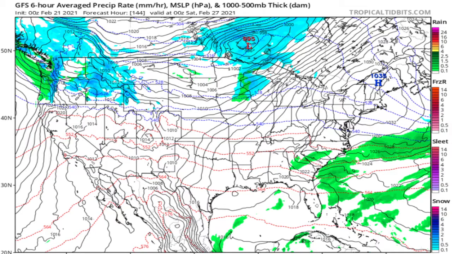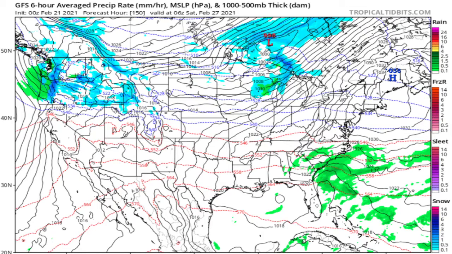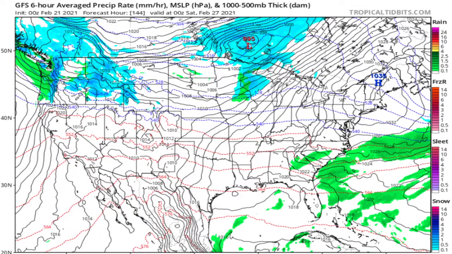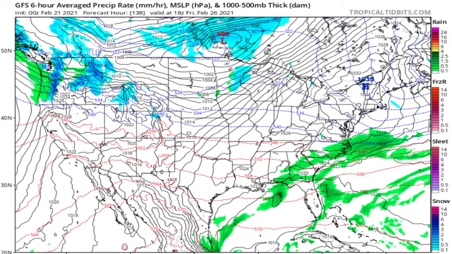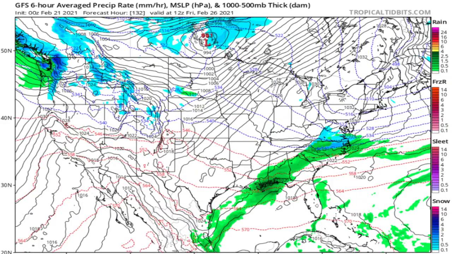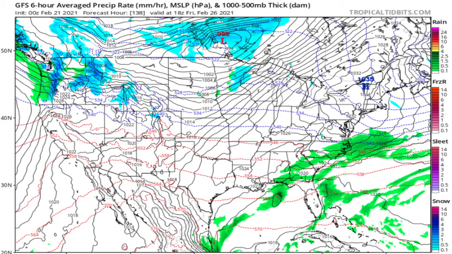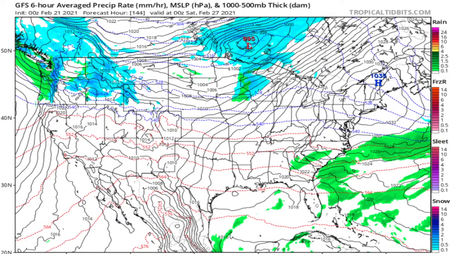Low pressure system over Canada to the north, significant snowfall all through Canada, and then causing, looks like, a little bit of snowfall over Wisconsin. Let's see here. Coming down into Minnesota and then Wisconsin.